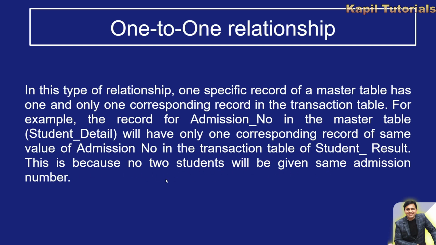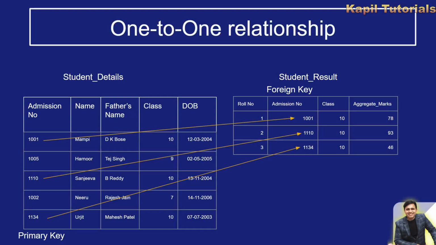I'll explain with the practical example already shown here. You could see here student details and student result. Admission number is the foreign key, and this is a one-to-one relationship. Here admission number is shown as 1001.